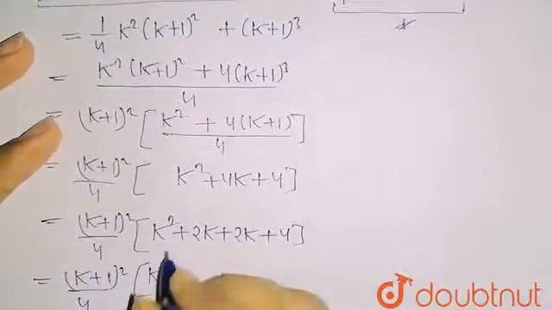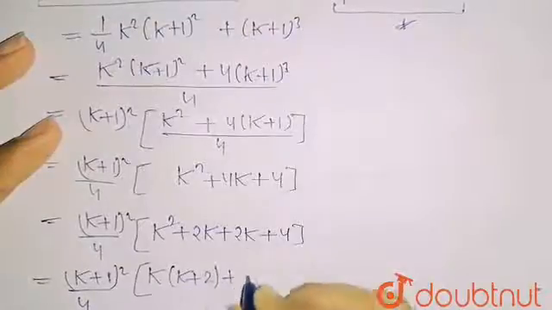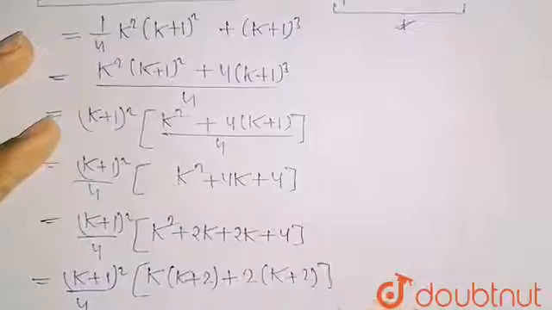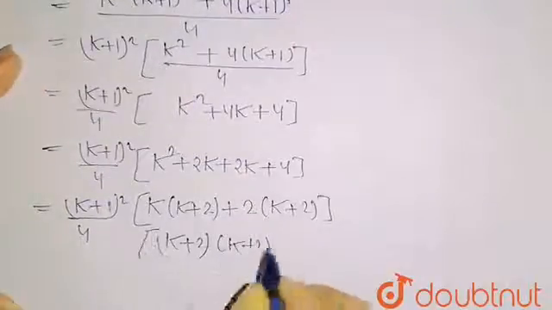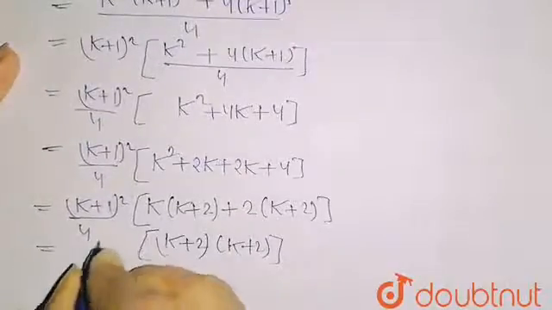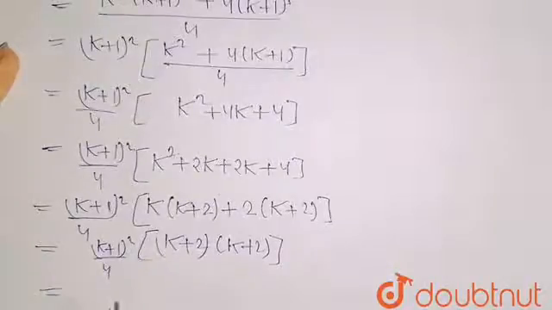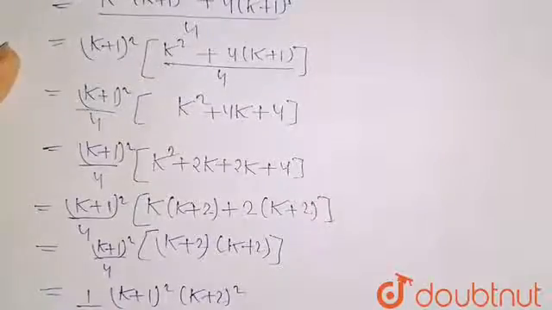Now from this term you can take k common, so I will get k plus 2. Similarly I can take 2 common, so k plus 2. So I am getting (k plus 2) and (k plus 2), it means (k plus 1) whole square upon 4 times (k plus 2) whole square. So here I will get (k plus 1) whole square and (k plus 2) whole square, and it is 1 by 4.